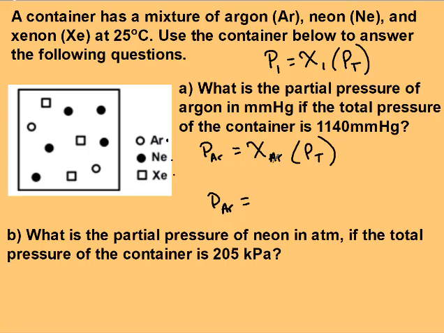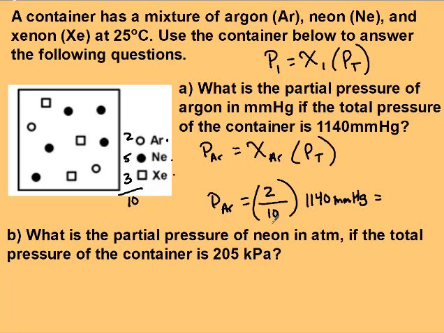So to get that fraction of argon, I'm going to say argon is the open circle. I have 2 argon. I have 1, 2, 3, 4, 5 neon. And then I've got 3 xenon, which gives me a total of 10. So 2 out of every 10 are argon. And I'm going to multiply by PT, which is 1140 millimeters of mercury.